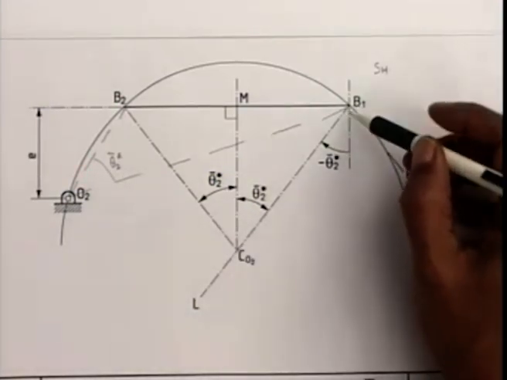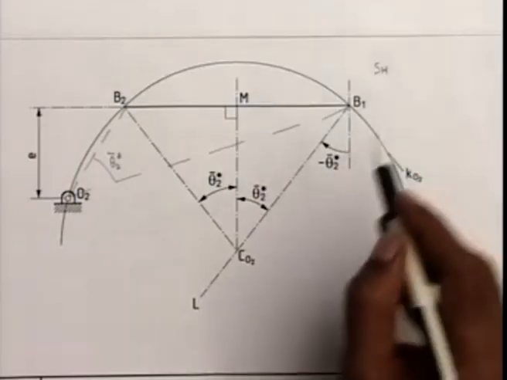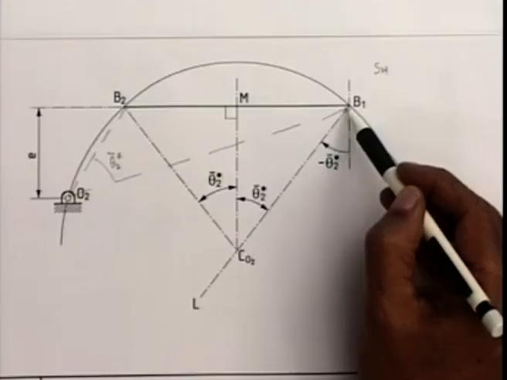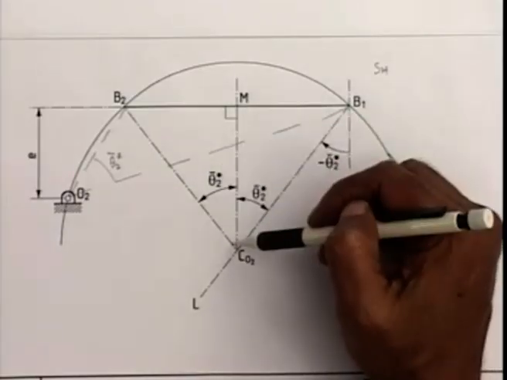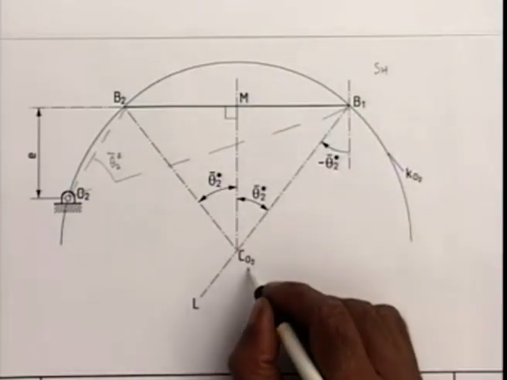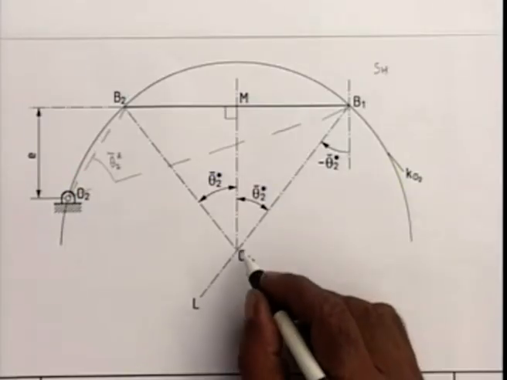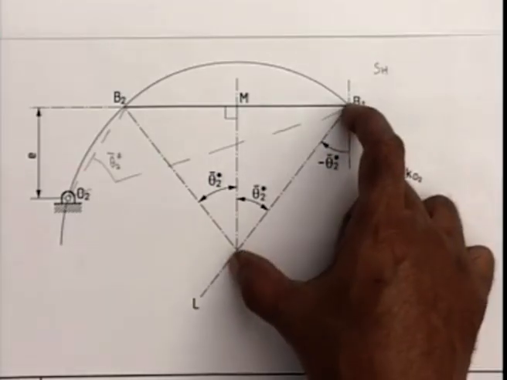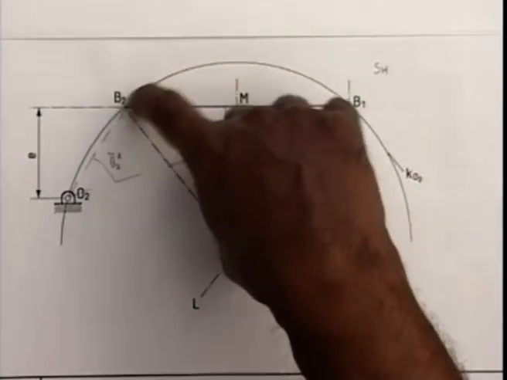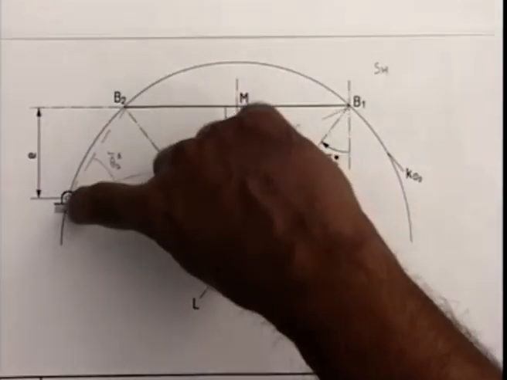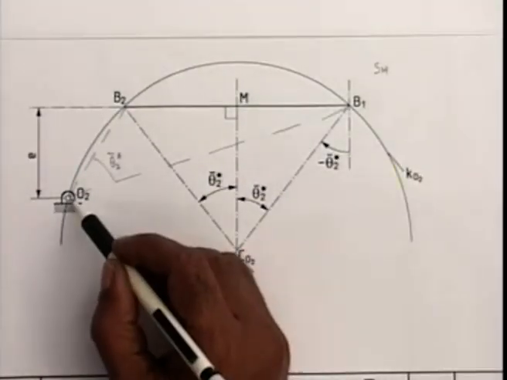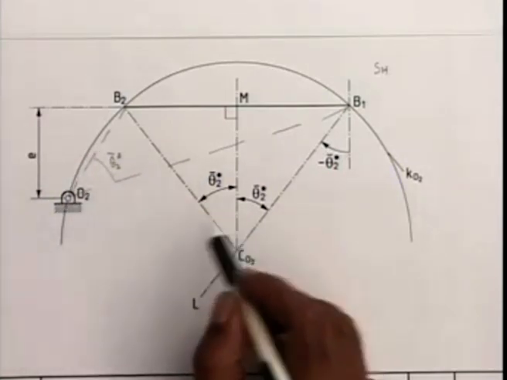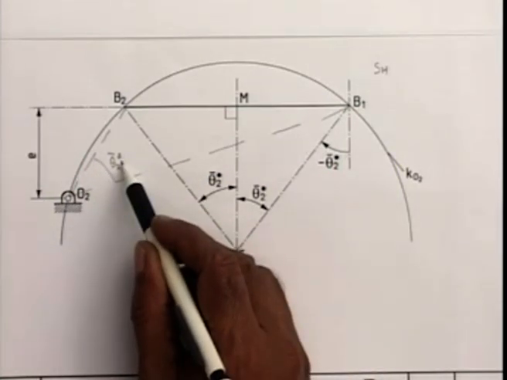So, at B1, I draw a vertical line, and draw a line at an angle theta 2 star bar in the clockwise direction, and where this line intersects the perpendicular bisector gives me the center of the circle, CO2. With this point as center and CO2 B1 as radius, I draw this circle, which obviously passes through B2, and any point on this circular arc subtends the same angle theta 2 star bar.